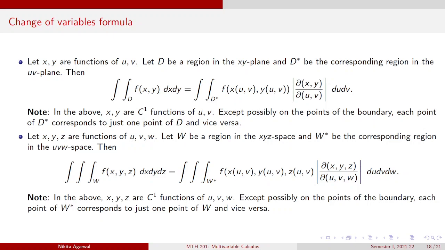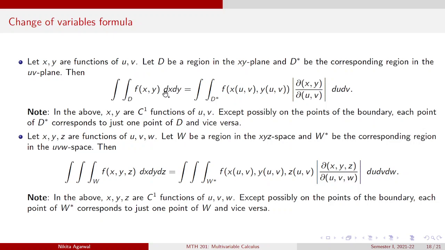You might wonder why we are multiplying by this. I'm not going to go into the proof, but geometrically, in the case of R2, you take an infinitesimal rectangle and see what happens to it when you convert it into the new coordinates.